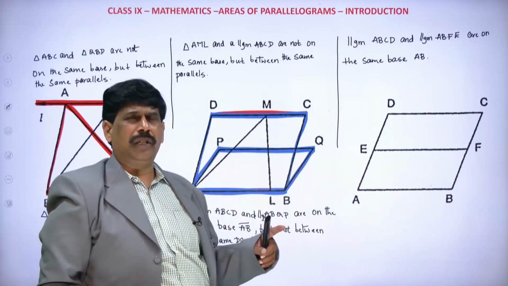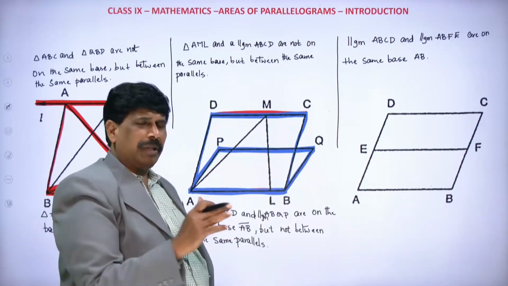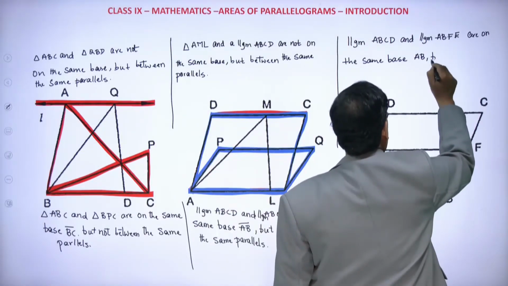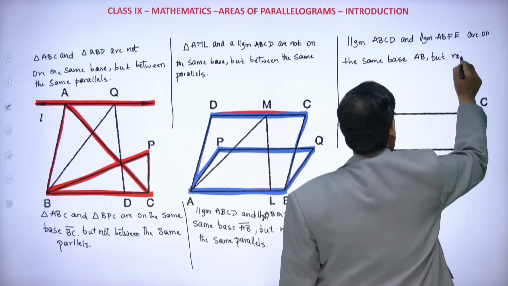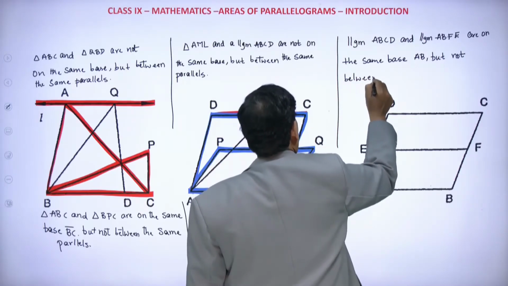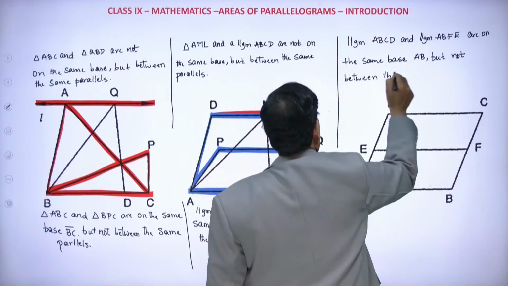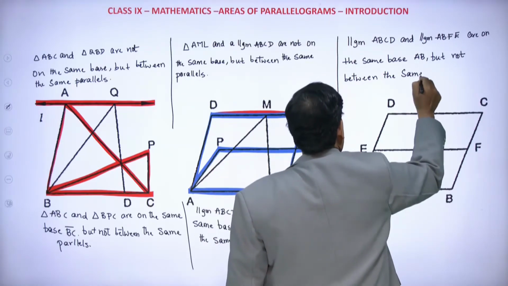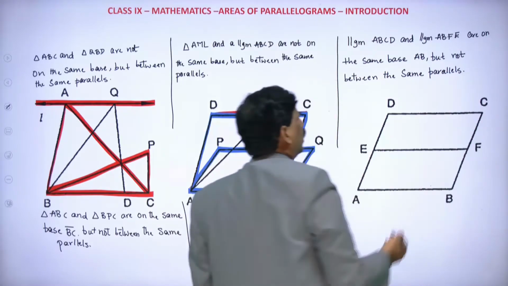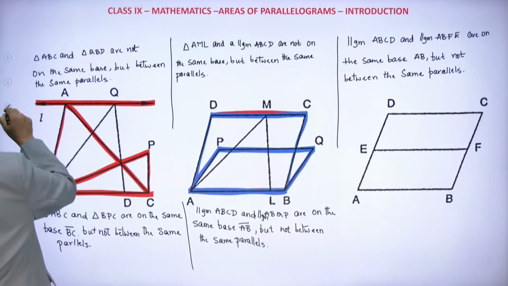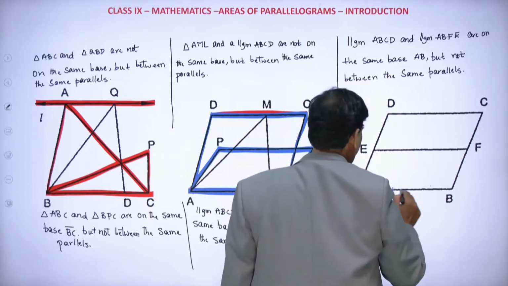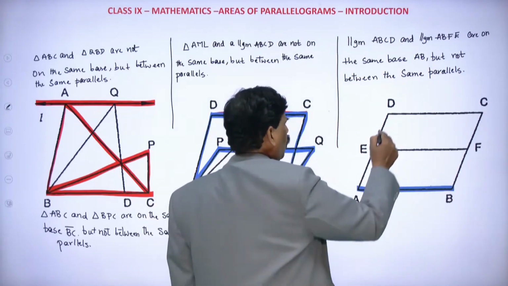Both of them are on the same base AB. Are they between the same parallels? But not between the same parallels. They are not between the same parallels. Now you select which two parallelograms, see here. This is one parallelogram.